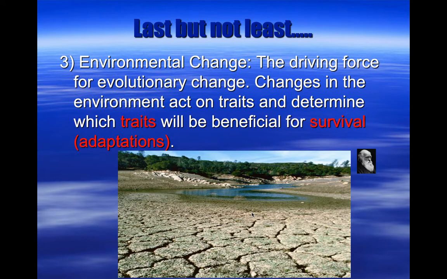So in the ocean, if you look at sharks, they've changed very little from millions of years ago. The horseshoe crab is another example of an organism that pretty much looks the same. If you look at fossils from 400 million years ago, those horseshoe crabs look the same. They've had the same traits because their environment hasn't changed very much and it hasn't driven evolution.